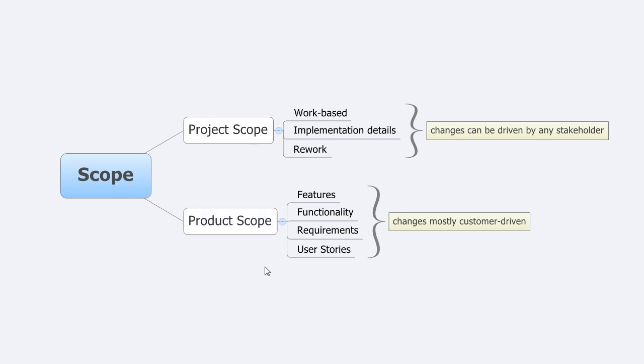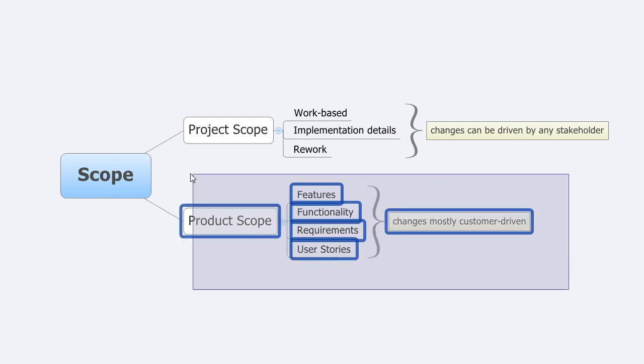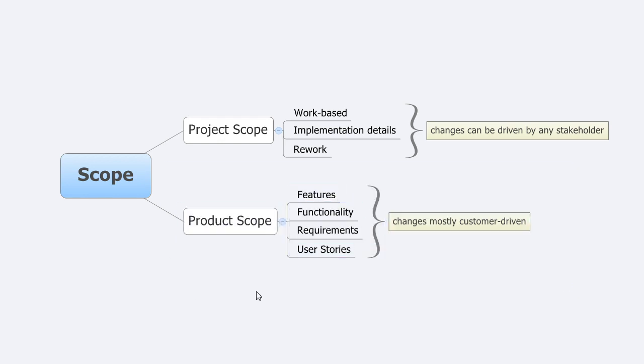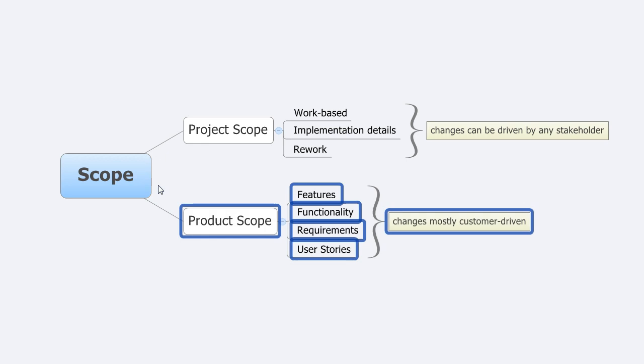One thing that I'd like to point out is that when it comes to an agile project, your product scope is changing all the time because what the customer wants is changing during the course of the project. One of the things that agile or lean methodologies do is they have a feedback loop built in where you're getting feedback about the changes in the product scope in a real-time fashion or nearly real-time fashion.